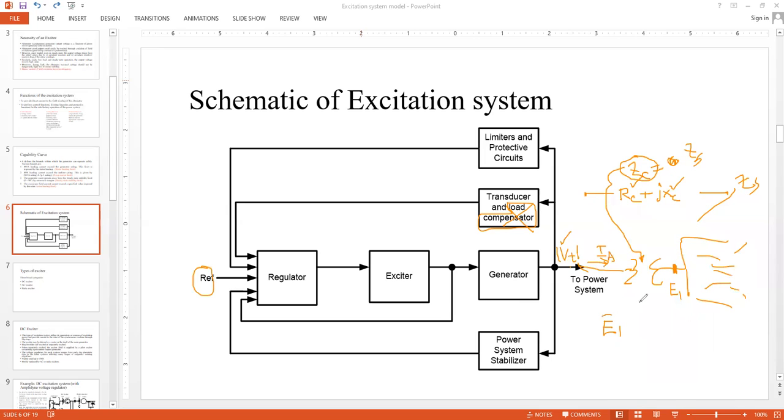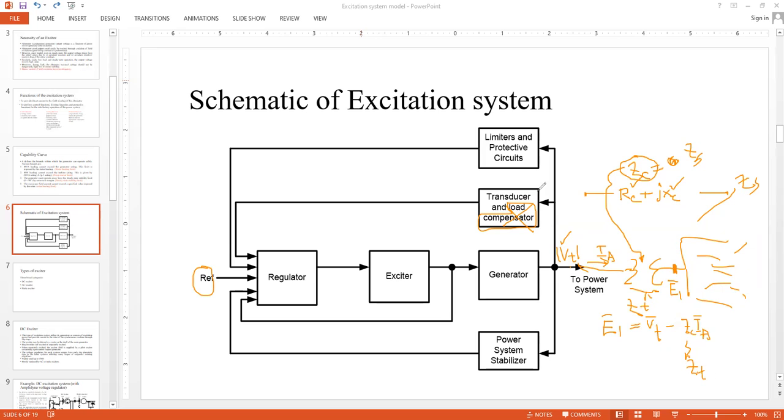So we are looking at E1 information, and that E1 can be simply calculated as VT minus the compensation voltage, ZC multiplied by IA. In this case, ZC would simply be the transformer impedance, so ZC would be Z transformer.